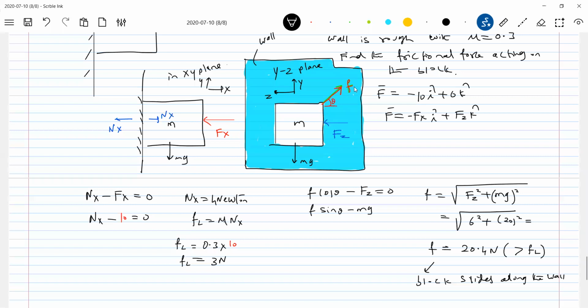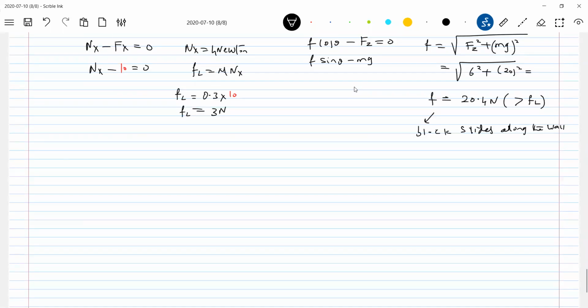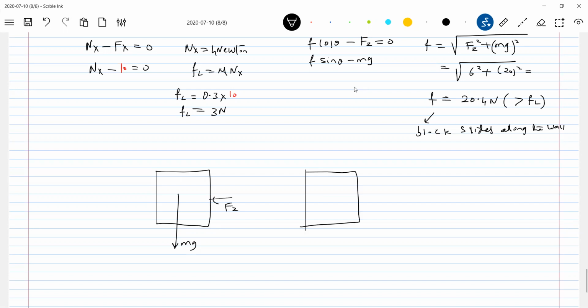I think the problem is not over. I have to come like this. This will be the weight mg and this is Fz, no? So the resultant force will be somewhere in this direction. I'll call this alpha. What is the F external now?